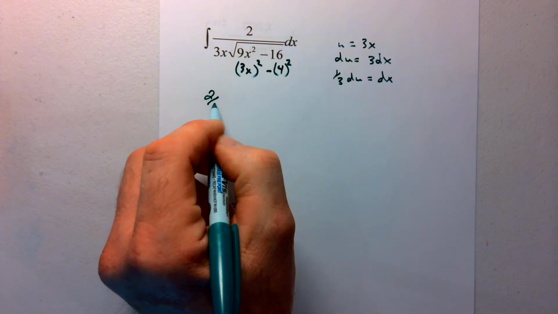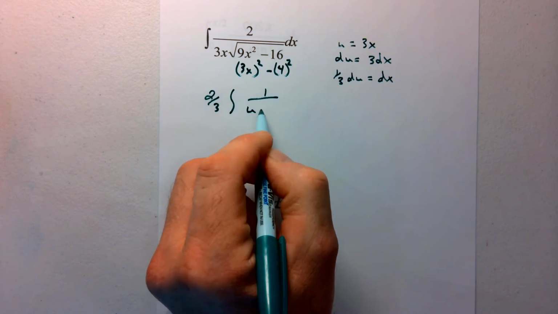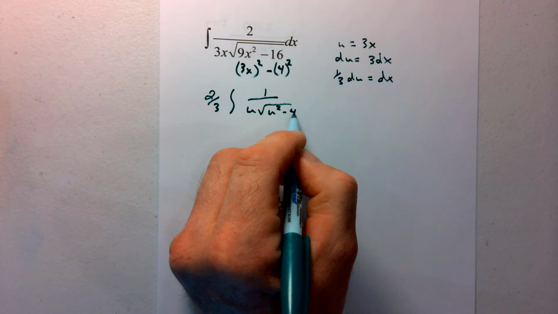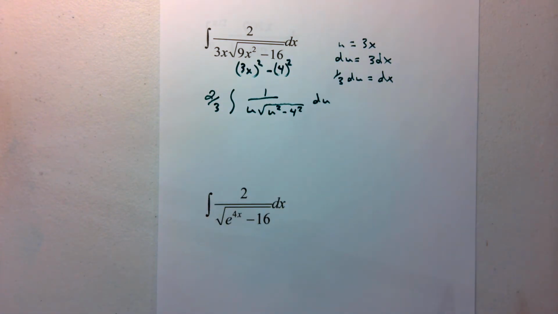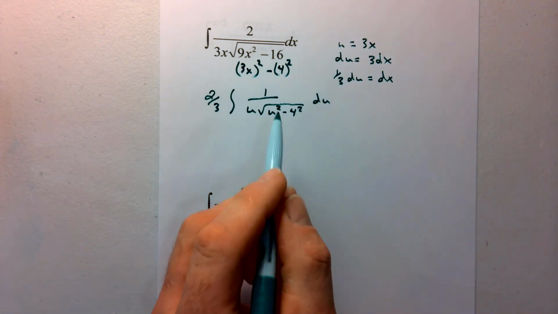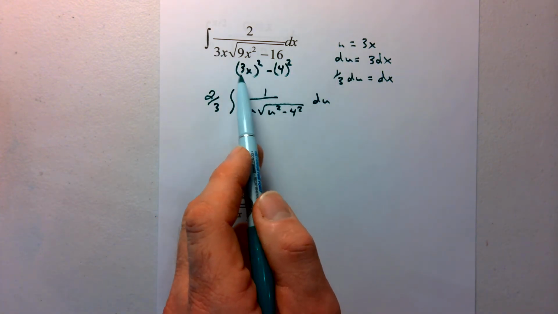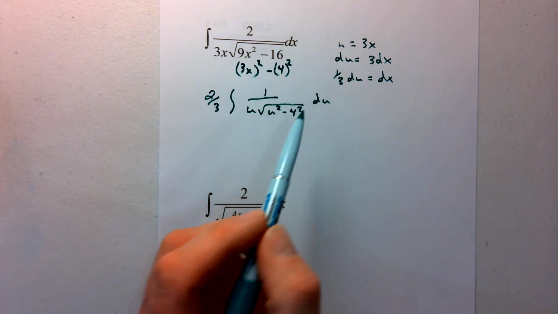So I have 2/3 the integration of 1 over u square root of u squared minus 4 squared du. Make sure that makes sense to you there for a second. So we replace that 3x with our u. This 3x, again, is our u. So it becomes our u squared minus our 4 squared.